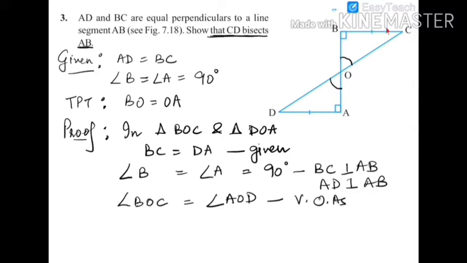Now we have a side and two angles of triangle BOC equal to a side and two angles of triangle DOA. Notice that the side is not included in the two equal angles. So we can say that they are congruent by angle, angle, side. So we have chosen the order BOC for the first triangle.